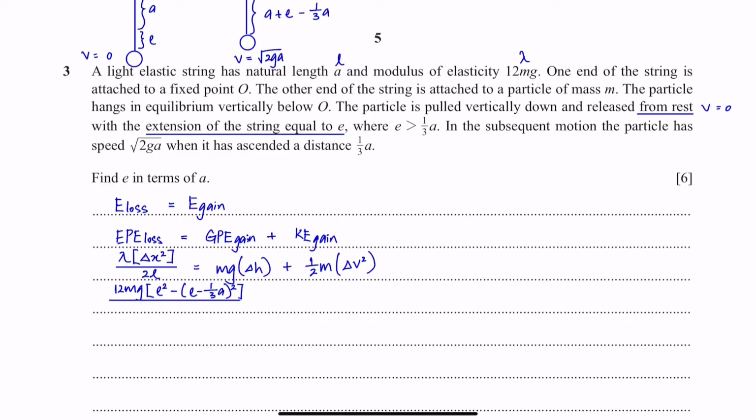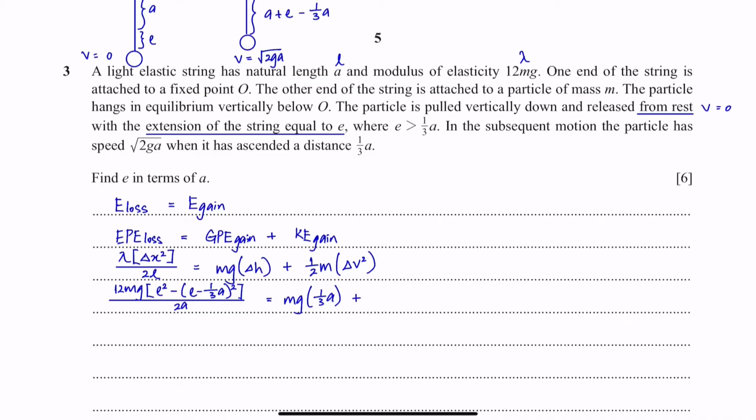Okay, so all these things over 2a. And for the GPE gain, we have mgh, which would be mg times 1/3 of a because it has gone up a distance of 1/3 a.